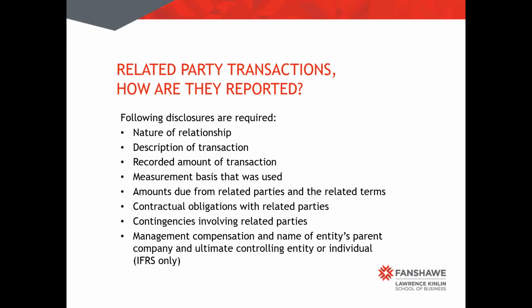How was it ensured that we paid them appropriately? What are the amounts due to and from that related party? What are any contracts or contingencies with those related parties? And what's the management compensation, or the name of any entity's parent company? When there are related parties that go between companies, you want to have that disclosed as well.